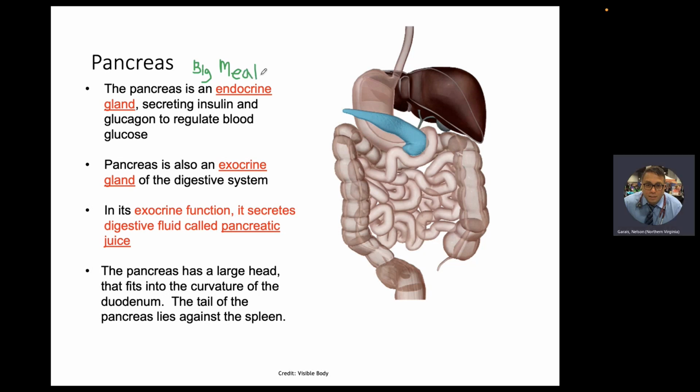If I have a big meal, right? It's going to do what? Signal insulin. Okay?